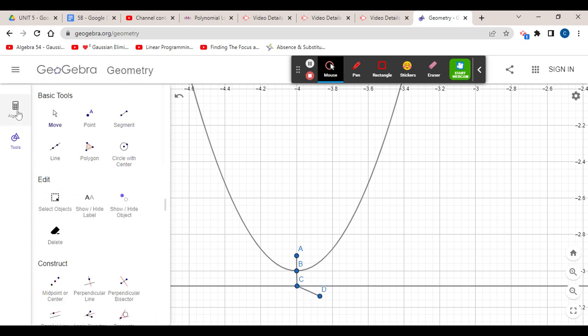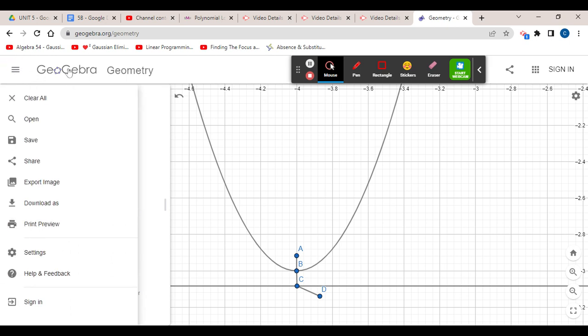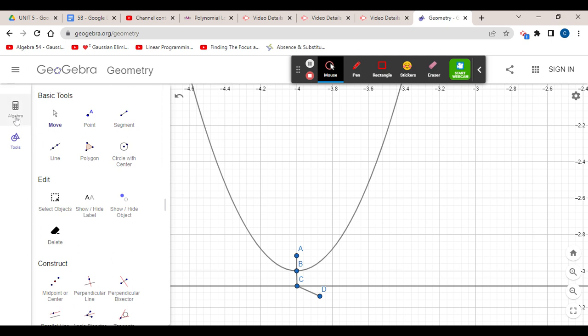Undo that. I forgot where the undo button is on this thing.